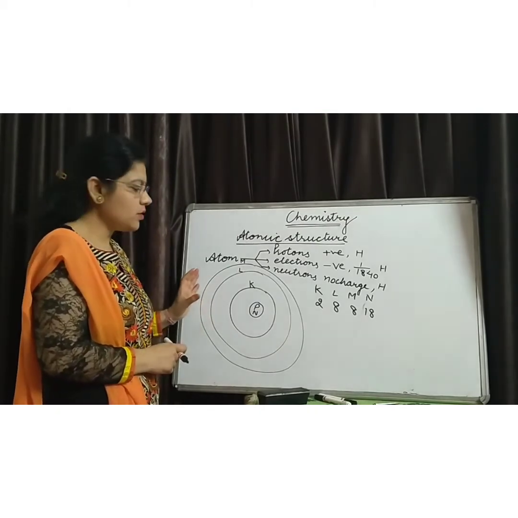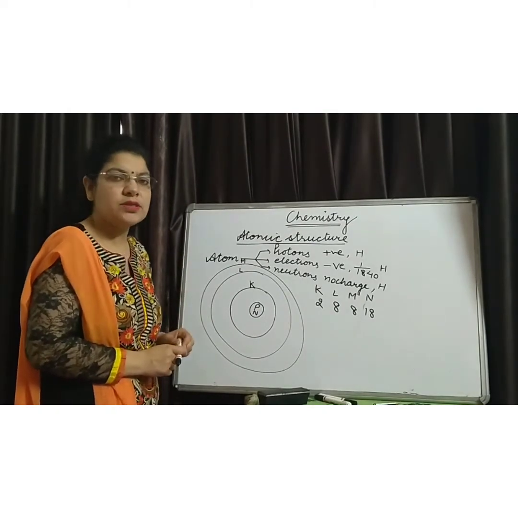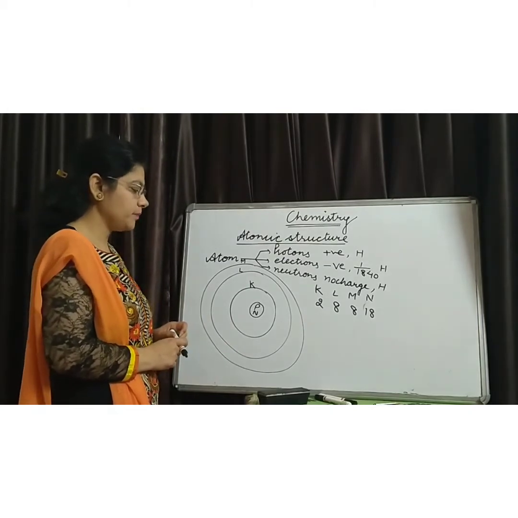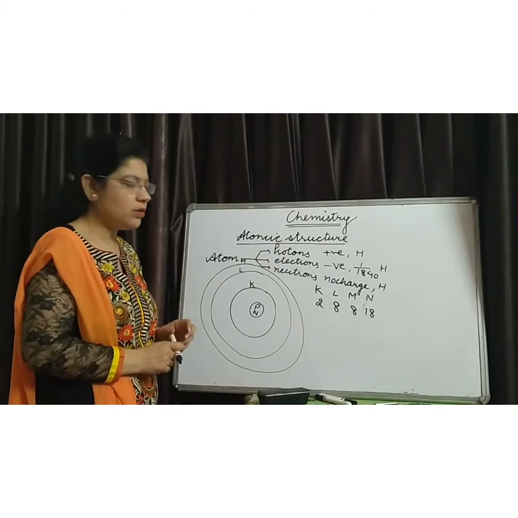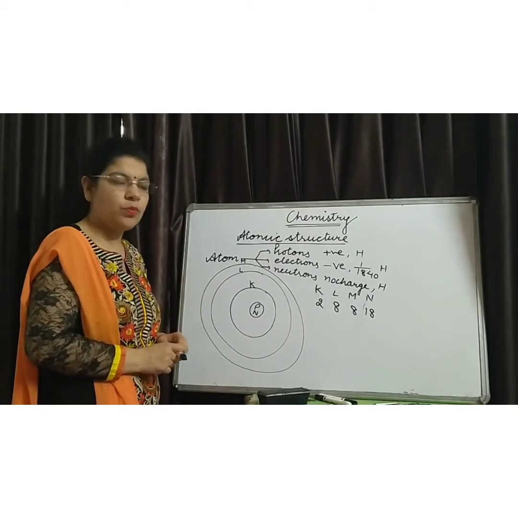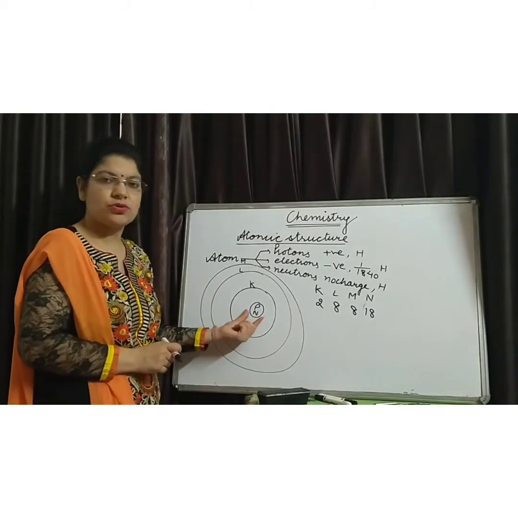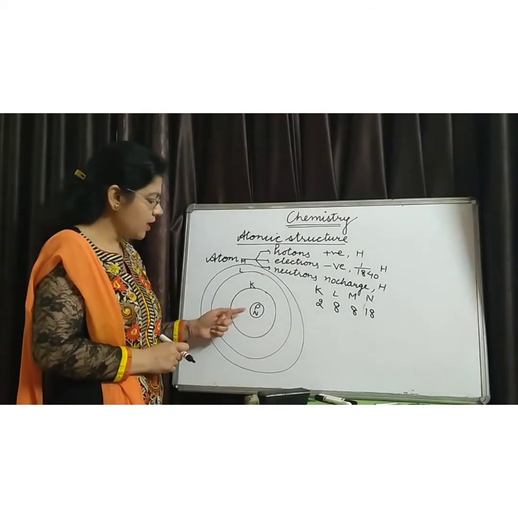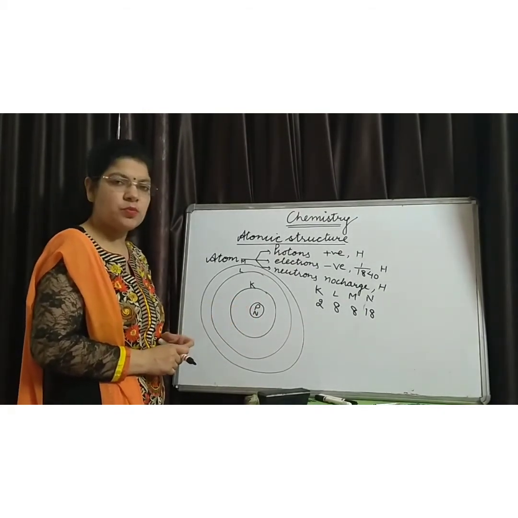So, this is the basic concept of atomic structure according to Bohr's model of the atom. According to Bohr's model, the atom is divided into two parts. The central part is known as the nucleus, in which all the positive charge as well as all the mass of the atom is present.